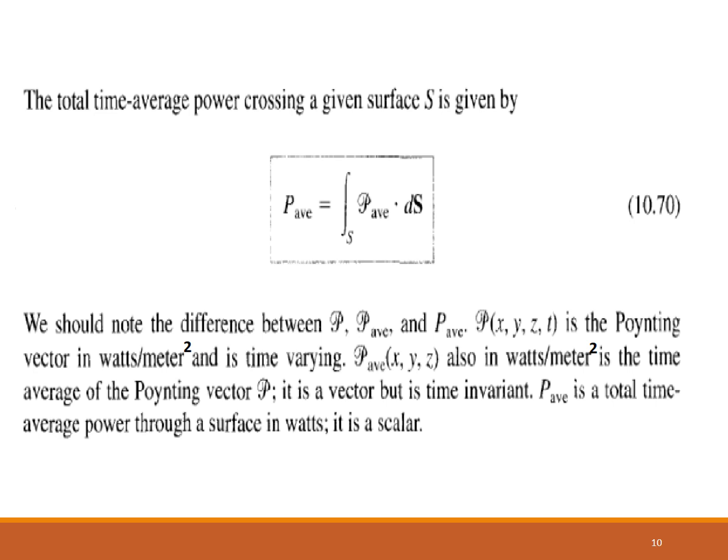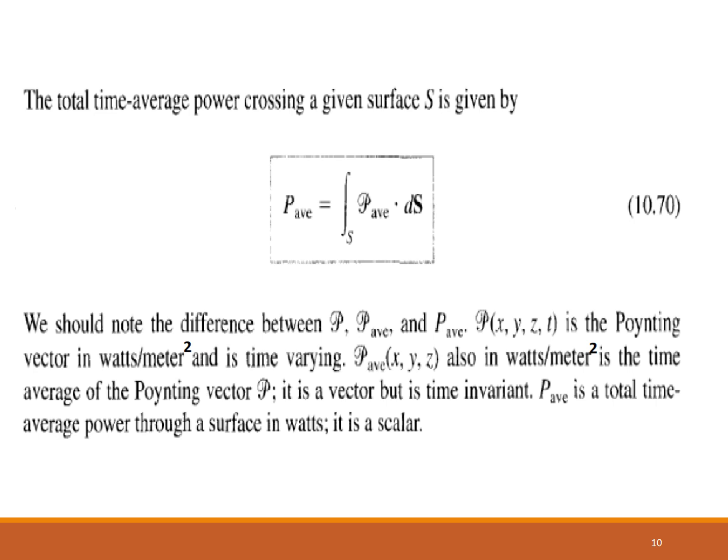P in italics gives you the instantaneous Poynting vector, and the P in normal form gives you the total time average power. The main thing is that we need to understand the difference between the three.